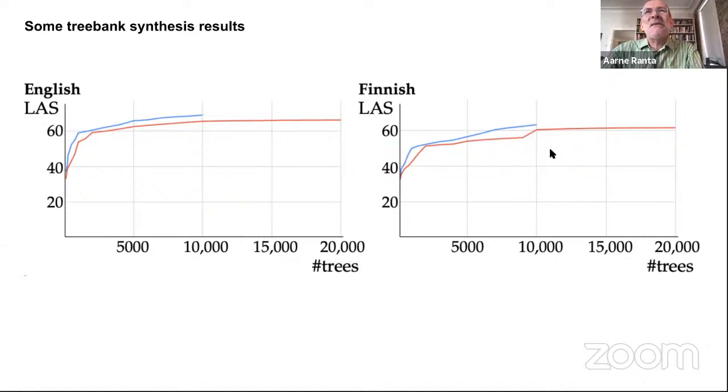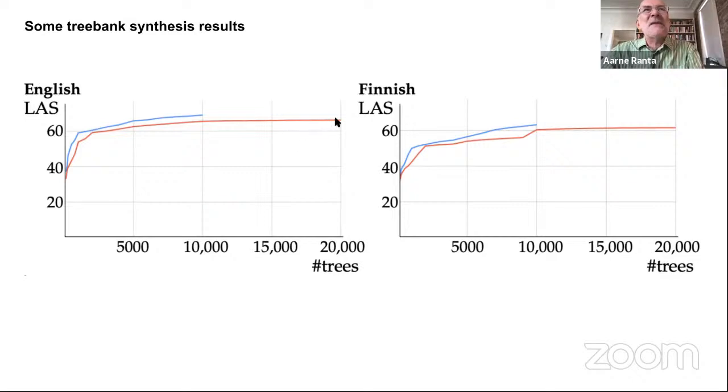We have done this for some other languages as well, but this is an interesting pair to compare. And what you can see here is that in English, you get quite soon to the level which is as good as these.